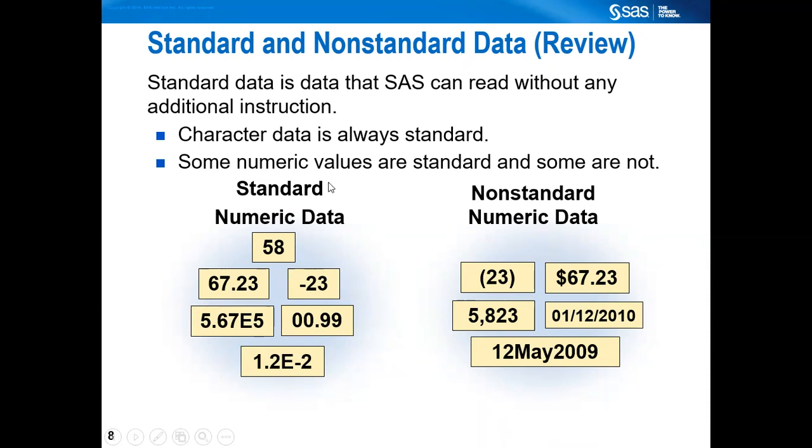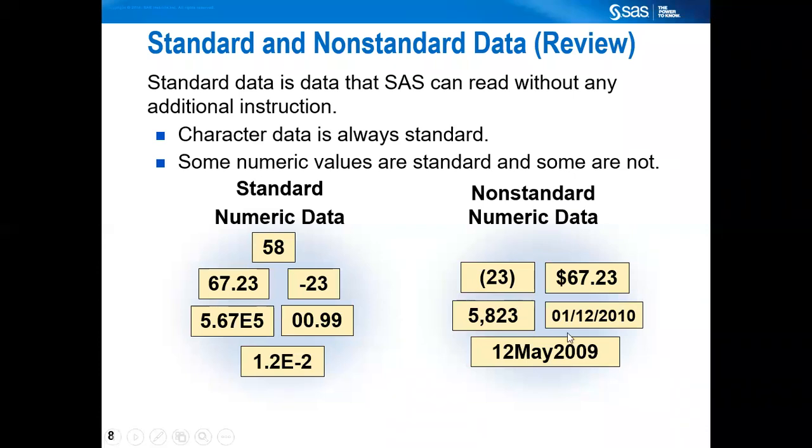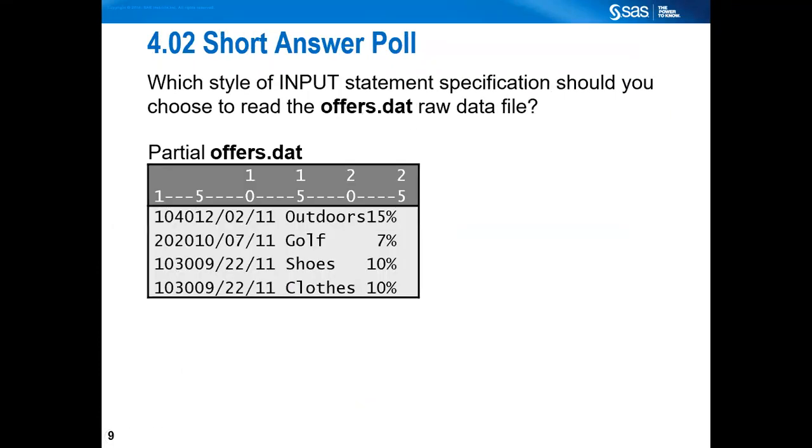So what are non-standard data values? Non-standard data values have numbers with some special signs, and we need special instructions for SAS to read them. Hence, those are called non-standard numeric data values. Fine.